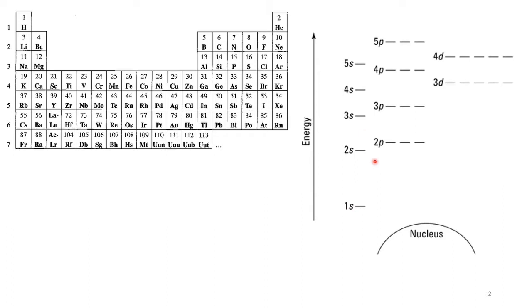And things go smoothly until 3p. It fills up in the order you see as 1s, 2s in the principal quantum number level. But after 3p, you know that what fails is 3s, and after that, 3d.